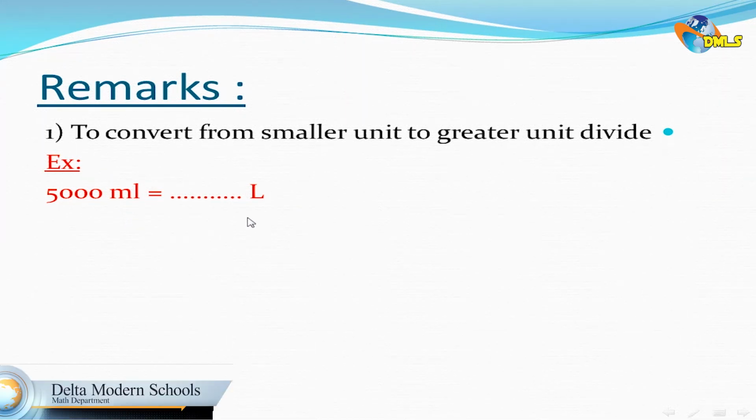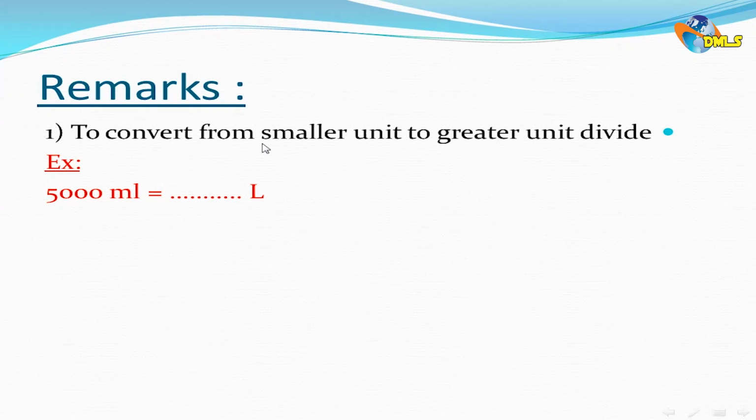Here I have milliliters and I want to convert to liters. So you will divide 5,000 by 1,000 and the result is 5. So 5,000 milliliters equal 5 liters.